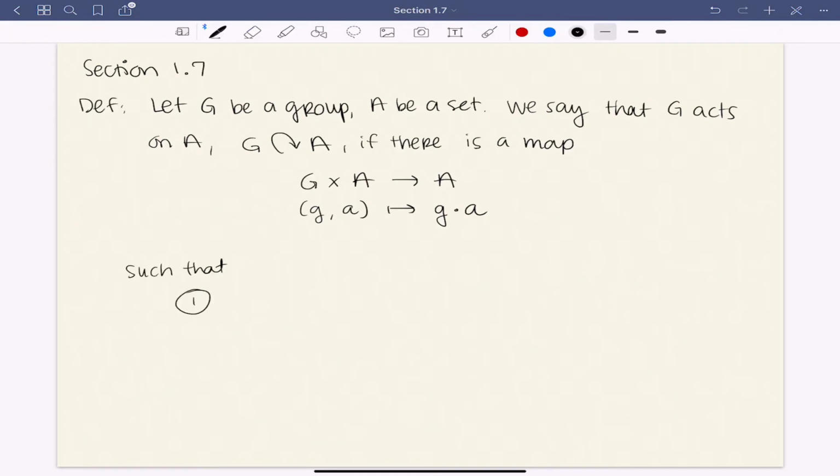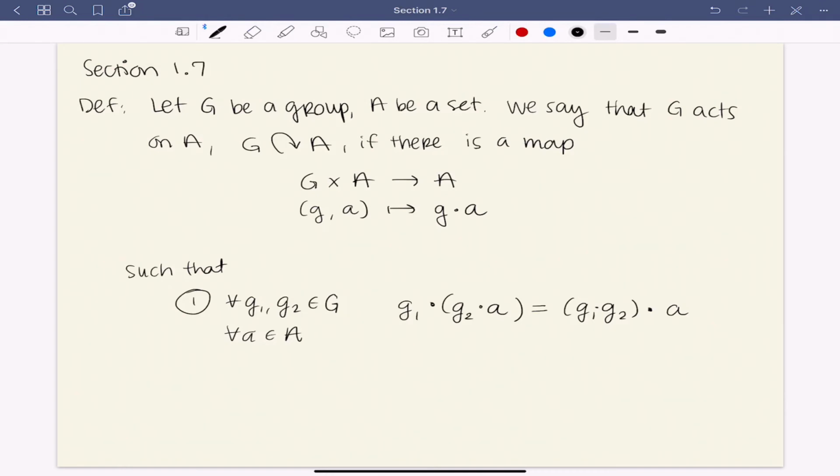One, if I have g1 and g2 in my group and a in my set, and I act first on a by g2 and I get an element of my set, and then I act on that by g1, that's the same as if I had multiplied g1 and g2 in my group and then taken that product and acted on a.